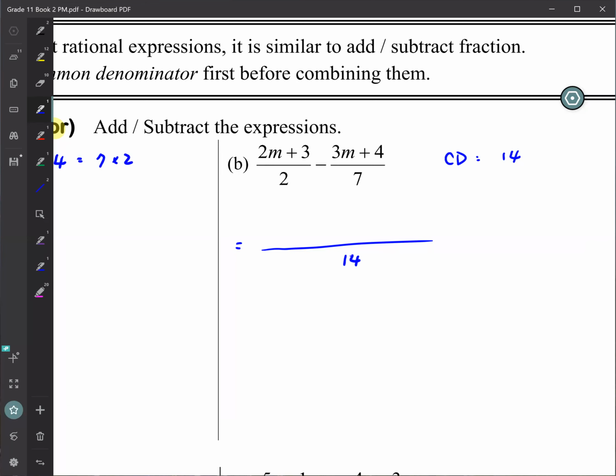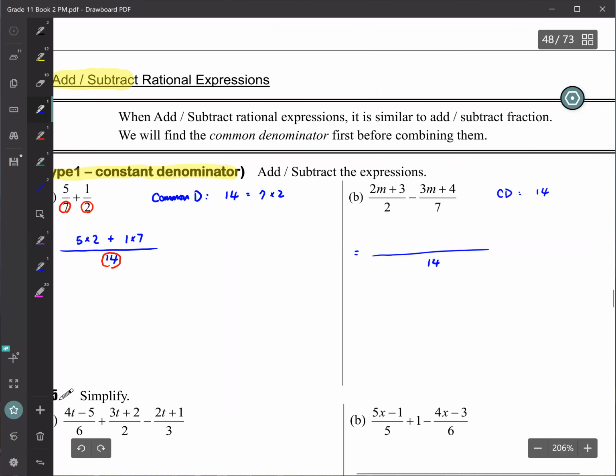So Amanda, what do we put on the top? 2m plus 3 times 7. Okay, 2m plus 3 times 7. Yeah, and then? Minus 3m plus 4 times 2. Okay, times 2. So the times 2 I'm going to put at the front.